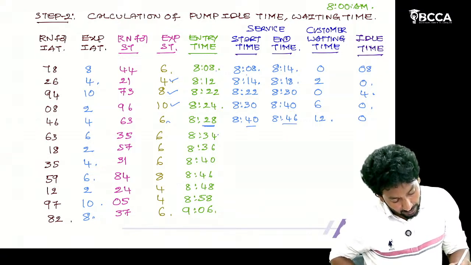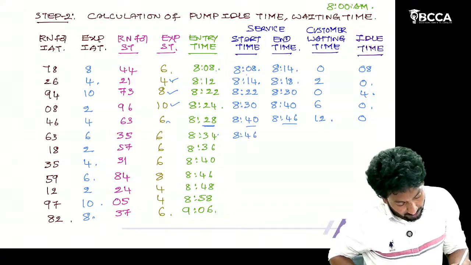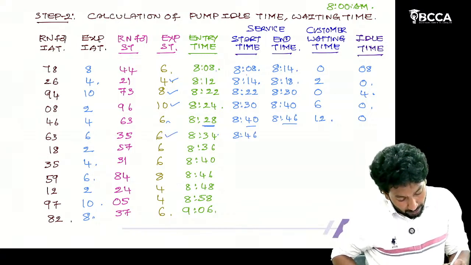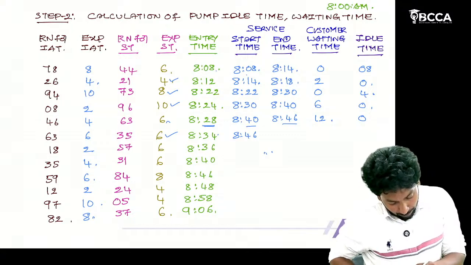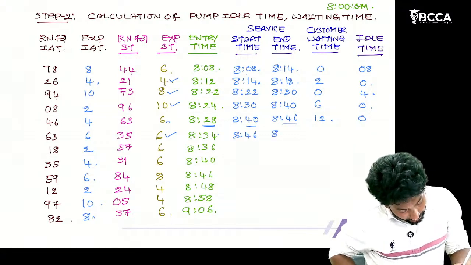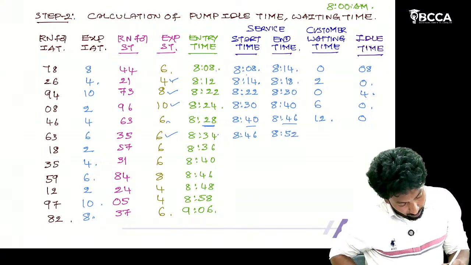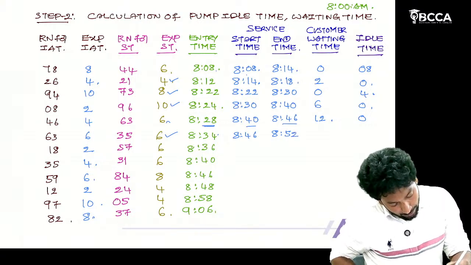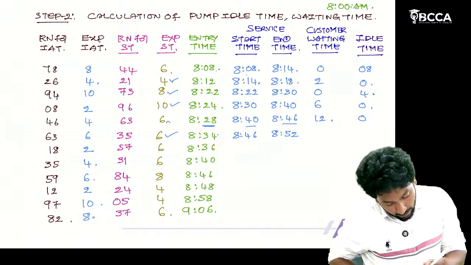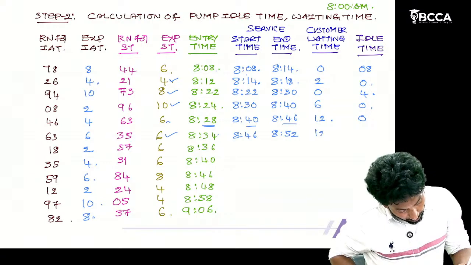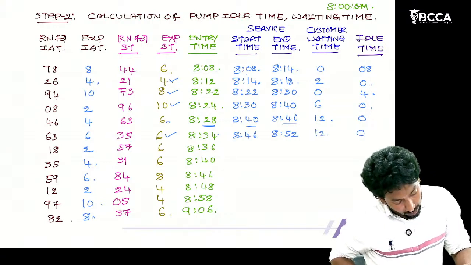Previous service ended at 8:46, so 8:46 is the service start time. 6 minutes service, that means 8:52. Any waiting time? 34 to 46, again 12 minutes is the customer waiting time. So idle time is 0.